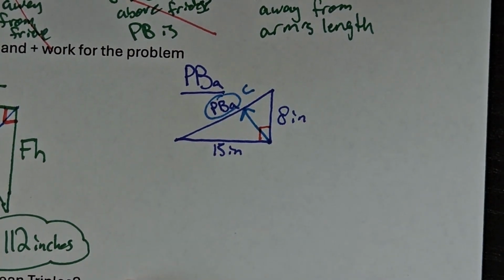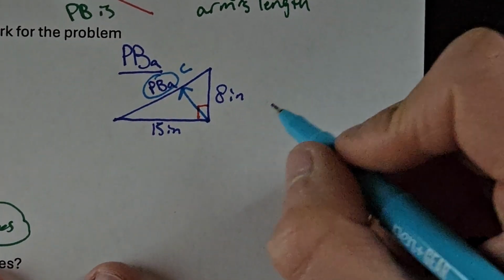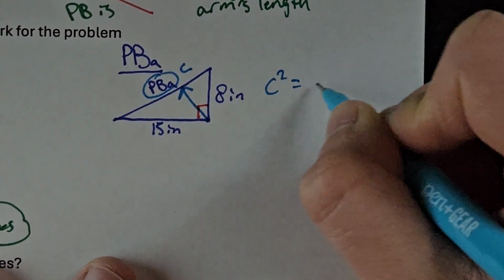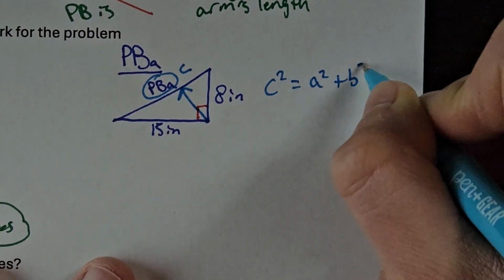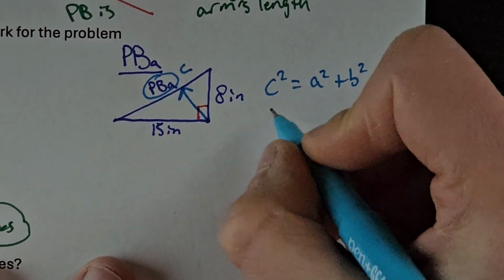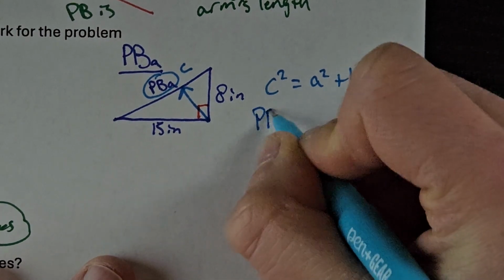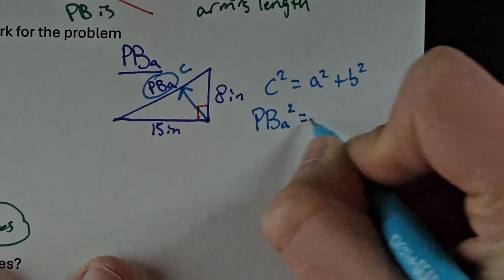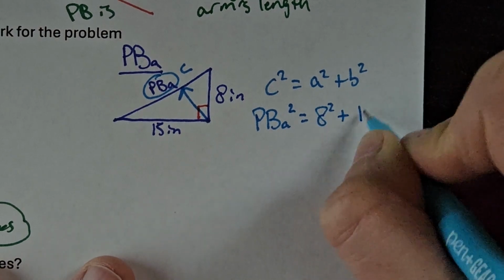So when using the Pythagorean theorem, I will end up doing C squared is equal to A squared plus B squared, which will get me to have PBA squared is equal to 8 squared plus 15 squared.